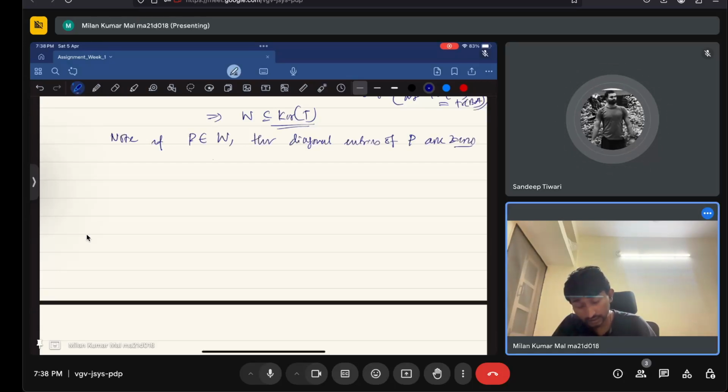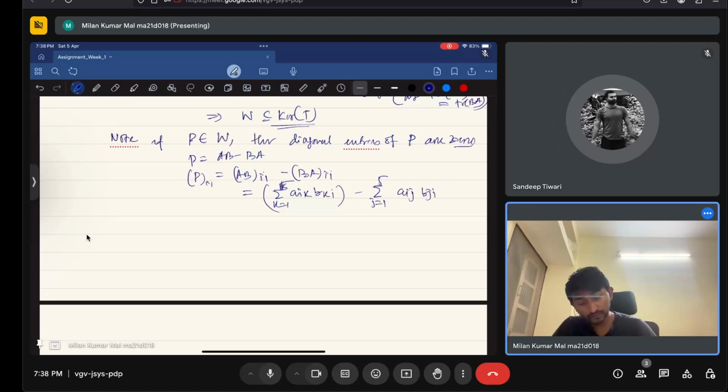You know why, because P is equal to AB minus BA, right? So the P ii entry will be the ii entry of AB minus the ii entry of BA, that is the summation over k of A ik B ki, minus the summation over j of A ij B ji, because this is just the usual product.